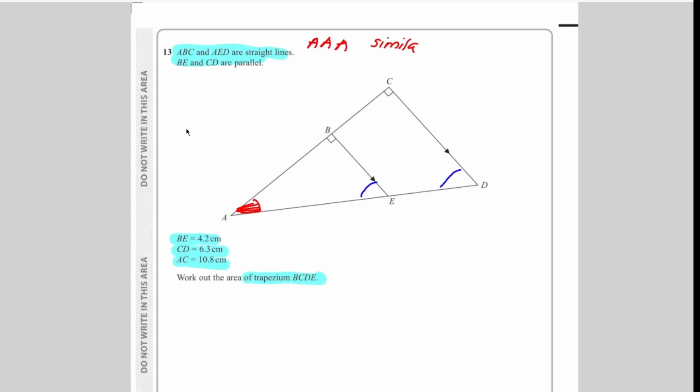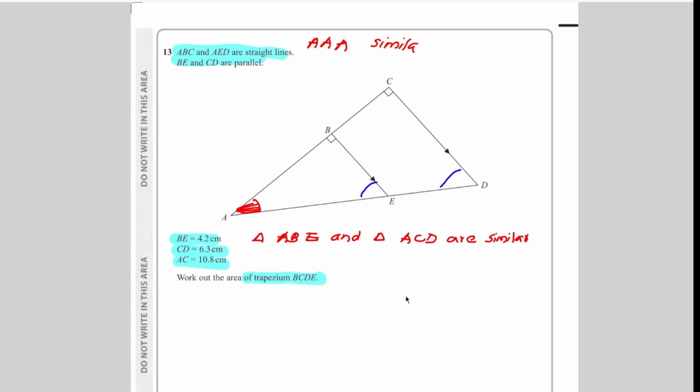So therefore, we can write that two triangles, triangle ABE and triangle ADC or ACD are similar.